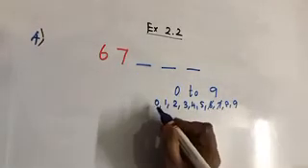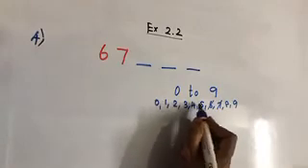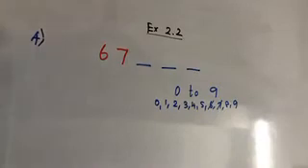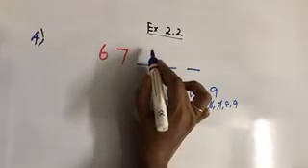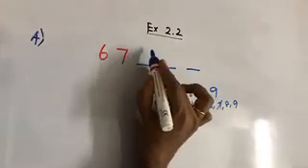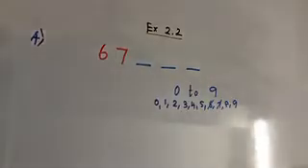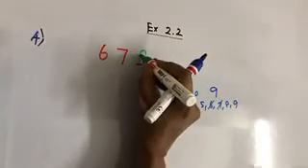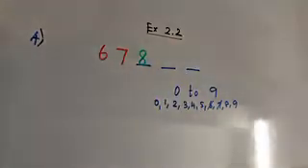So the remaining 0, 1, 2, 3, 4, 5, 8, 9: 8 options are here. So to fill this place, I have 8 options, with no repetition.